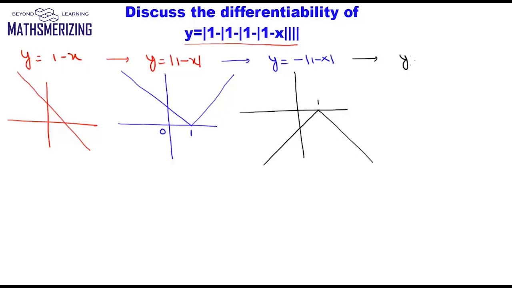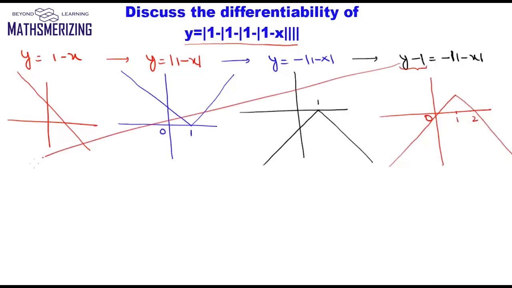I'll take the transformation y minus 1 minus mod of 1 minus x. So I'll need to shift the graph plus 1 units along the y-axis. Now next again, I'll take mod fx, which is 1 minus mod of 1 minus x.